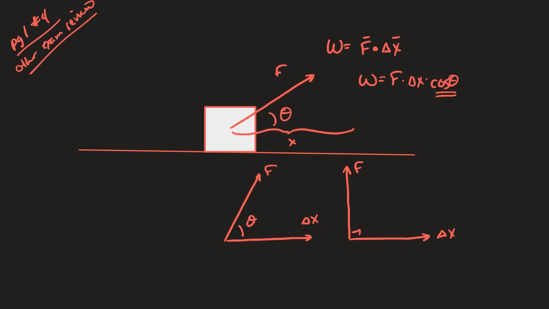But I do know that if the force were just a couple of degrees smaller, there would be a part of the force in the direction of motion. And if the force was a little bit greater than 90, we would now have a component of the force against the direction of motion, which would make the vector product negative.